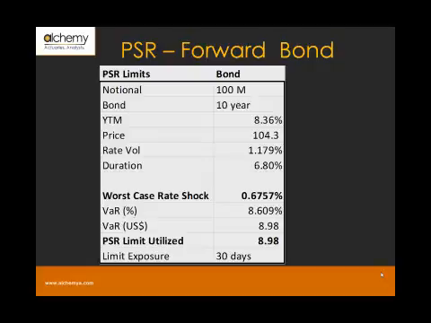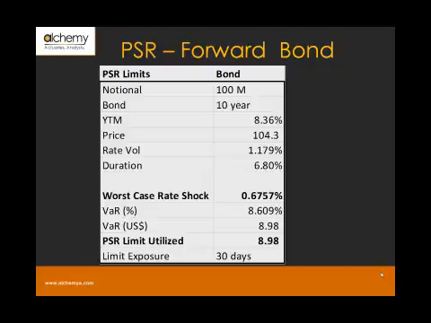But when you say, I have a PSR limit utilization of $8.98 million, you're saying for this counterparty, when this counterparty does this transaction with me, from its available allocated limit that has been assigned, I will use 8.98 million US dollars. So I hope this example clarifies the concept around PSR.